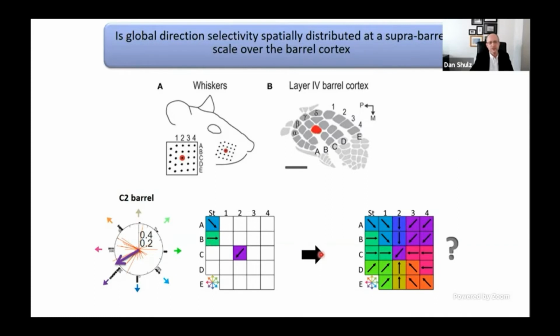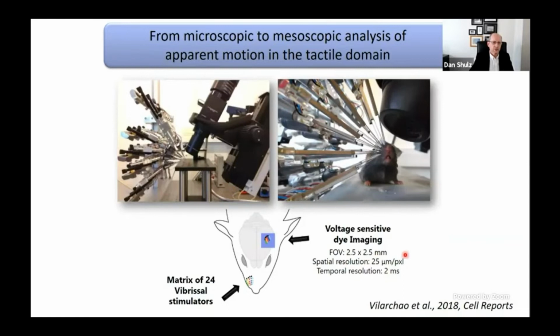And this led us to make the hypothesis that global direction selectivity could be spatially distributed at a suprabarrel scale over the barrel cortex. And for this, what we have done is to combine the matrix that I showed you before with voltage sensitive dye imaging of the somatosensory cortex in mice. So we moved from a microscopic electrophysiological approach to a mesoscopic analysis of the apparent motion.